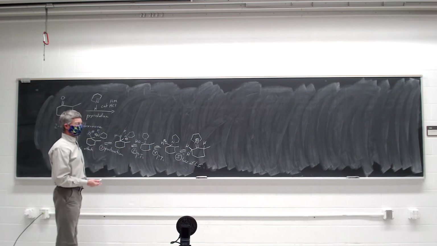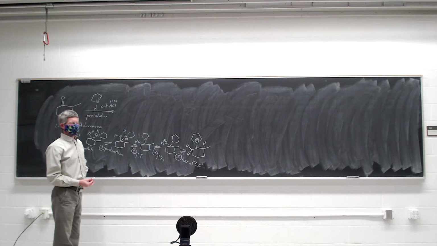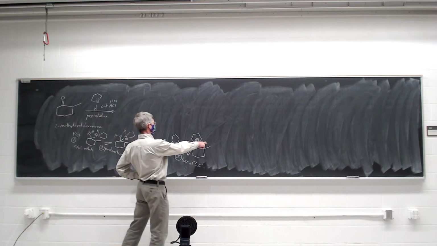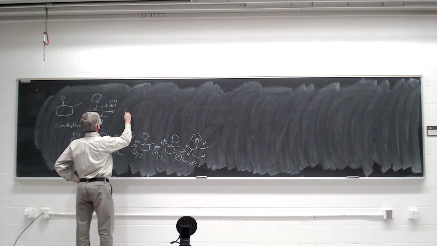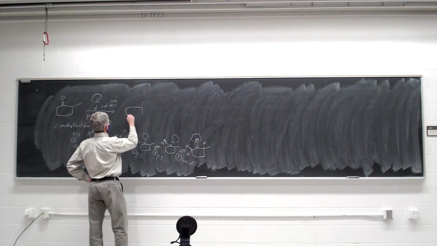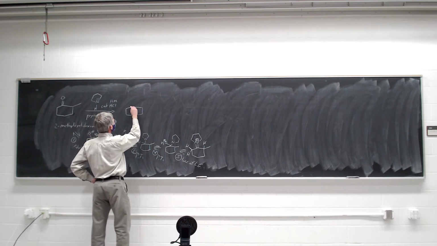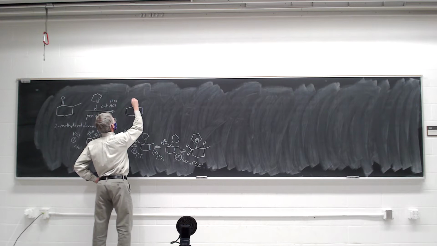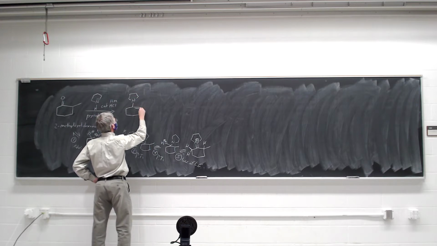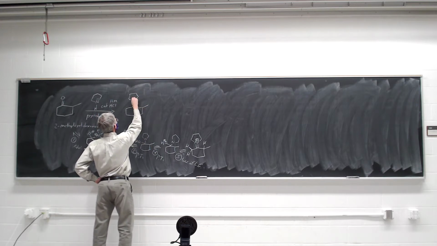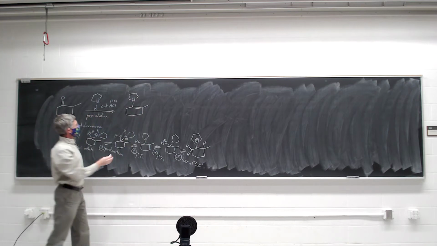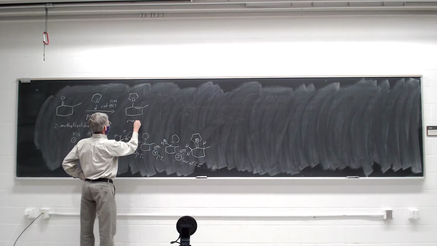Which one? I think the one with the methyl group on it. It's more stable. So the answer was yes, both. You're going to get that, and that'll be the major product because it's the more stable double bond.